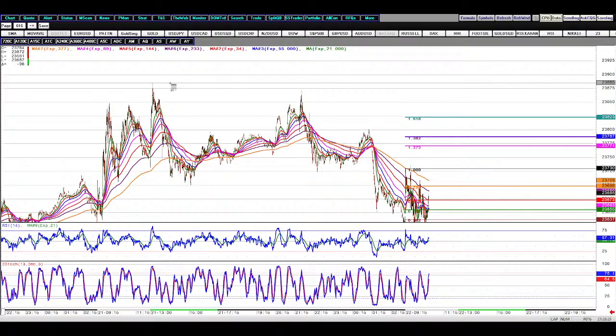And also, one more thing I want to tell you all. Don't play a fool with the index futures, the indices. When I say don't play a fool, I mean don't ever think of trading without a stop loss.